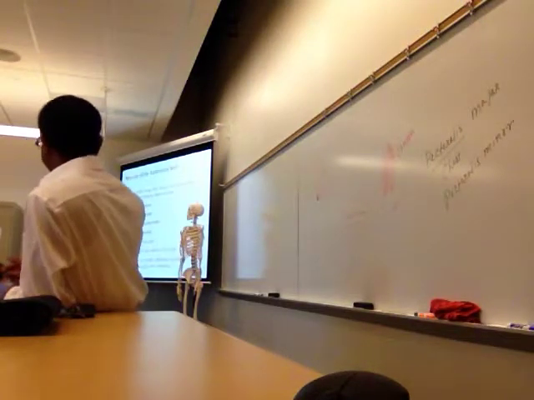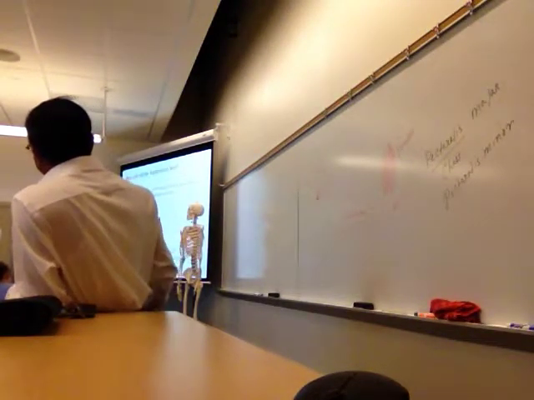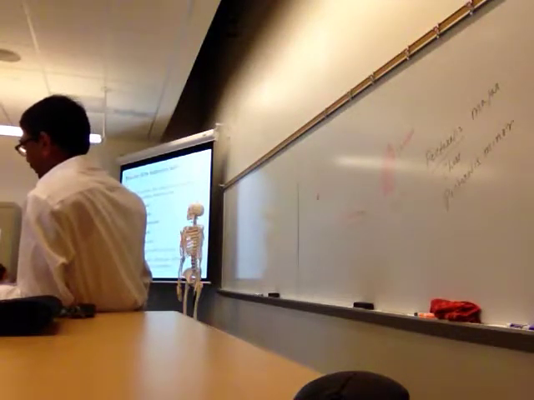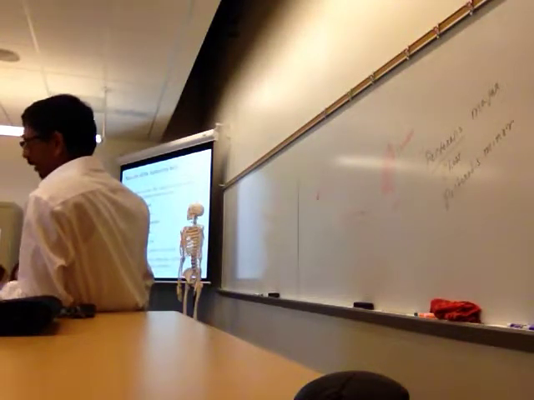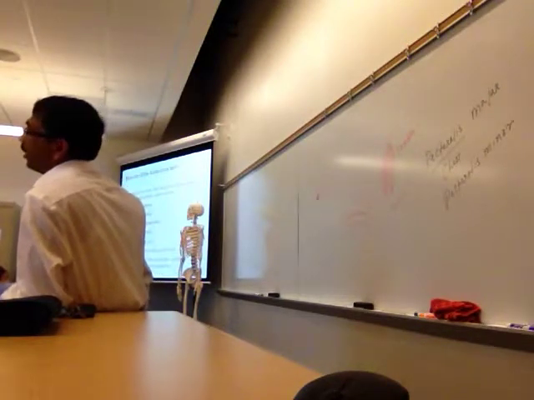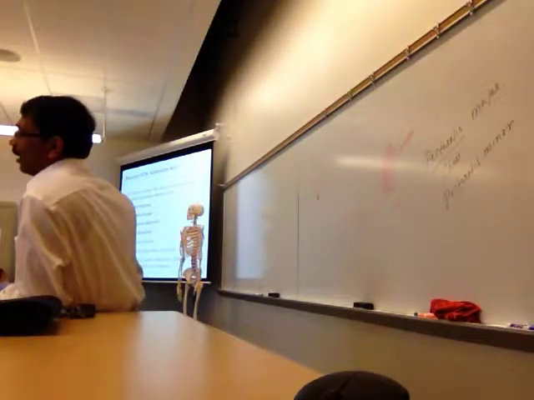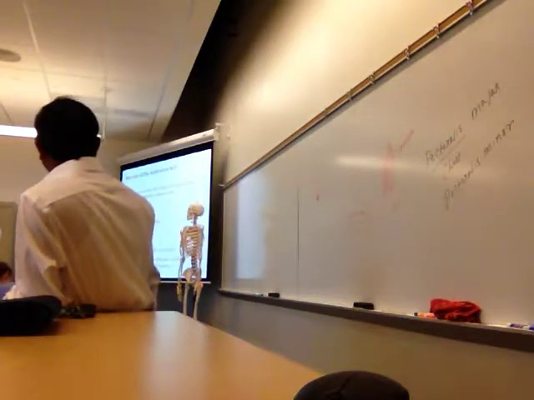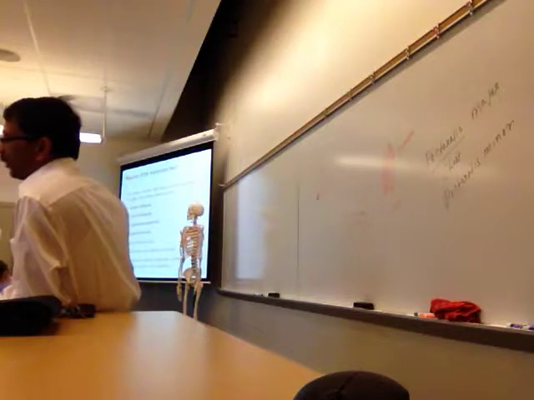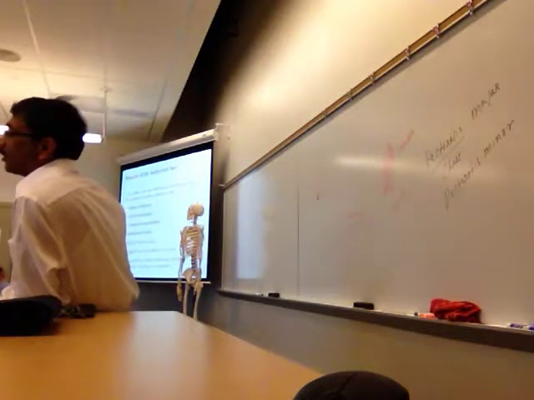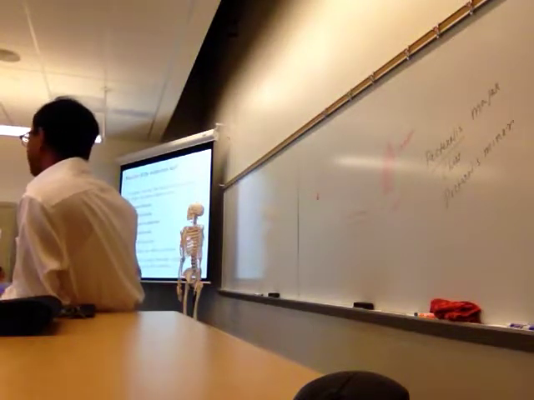Internal obliquus, also called internal obliquus abdominis, because it is an abdominal muscle. External obliquus abdominis, or external oblique, same thing. Transversus abdominis and rectus abdominis. Okay, so those are the 4 muscles of the abdominal wall.